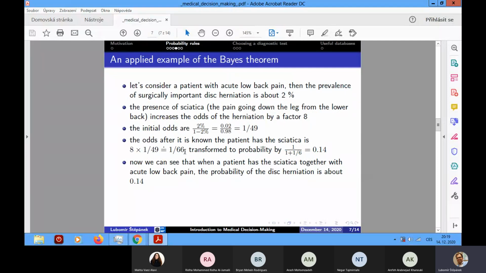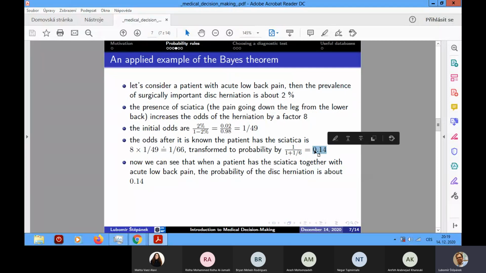I typed it twice by mistake. So 1 over 1 plus 1 over 6, it means that it's equal to 1 over 7, something like this.